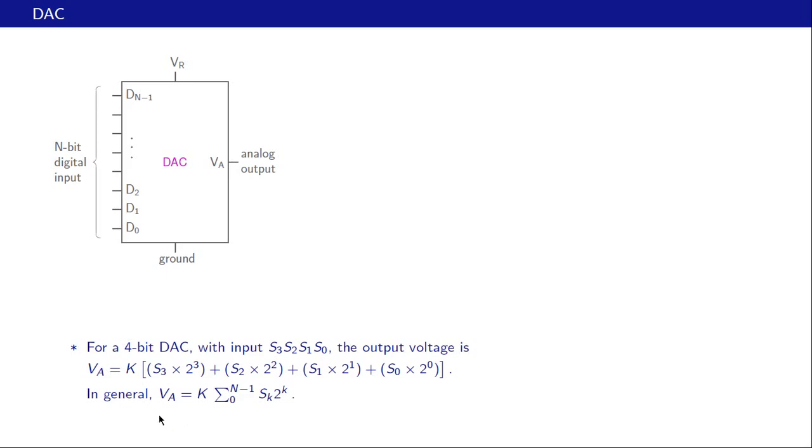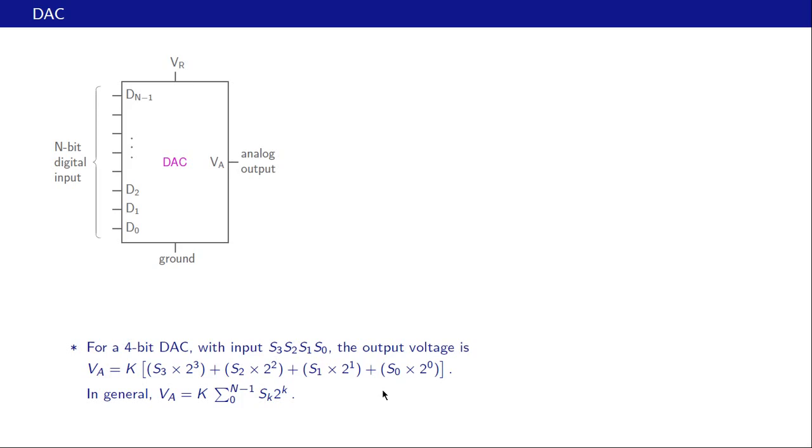Here is an example for a 4-bit DAC, that means n is 4 here, with input S3, S2, S1, S0, that corresponds to D3, D2, D1, D0. The output voltage is VA equal to K, some constant, times S3, which can be 1 or 0, times 2 raised to 3, plus S2, which again can be 1 or 0, times 2 raised to 2, plus S1 times 2 raised to 1, plus S0 times 2 raised to 0.